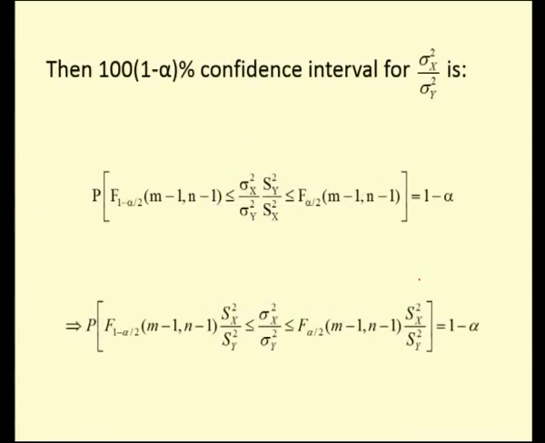Now, our objective is to find the 100 into 1 minus alpha percent confidence interval for the ratio of the variances.